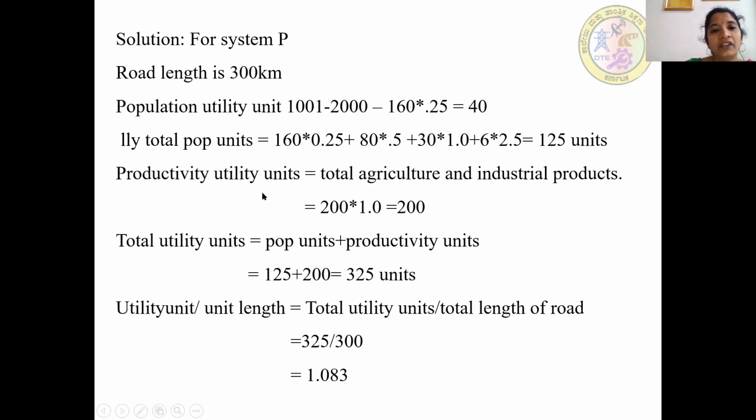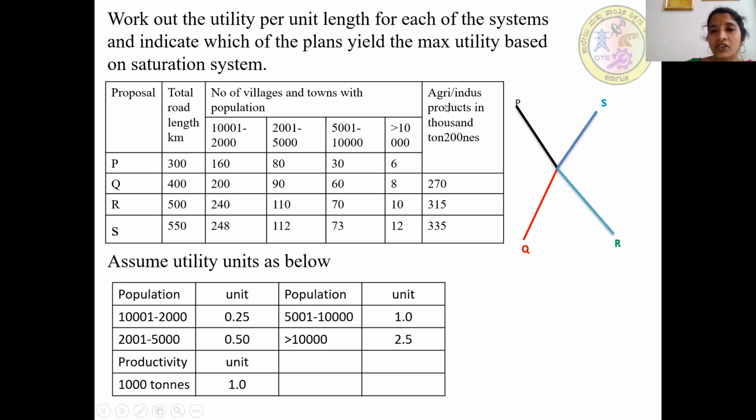Similarly, productivity utility units will be equal to the total agriculture and industrial products. Here we have combined agriculture and industrial, as he has given in the problem, in terms of 1000 tons.